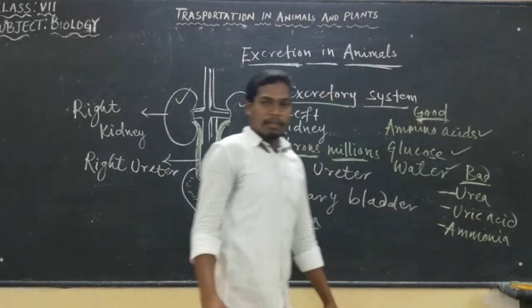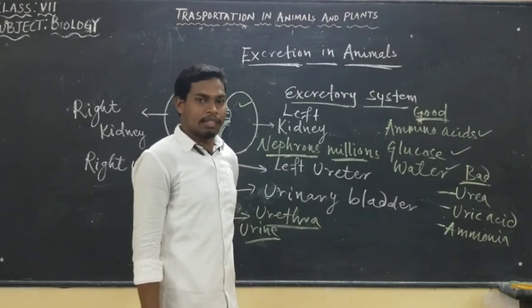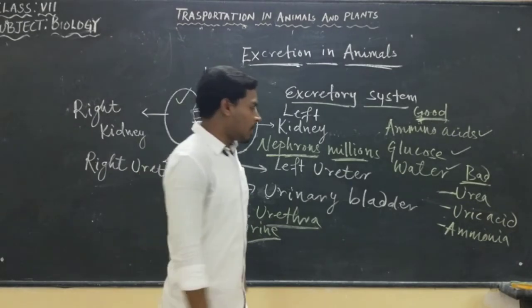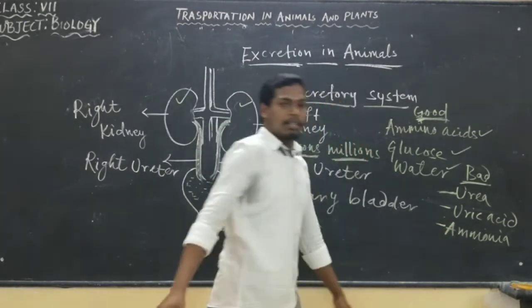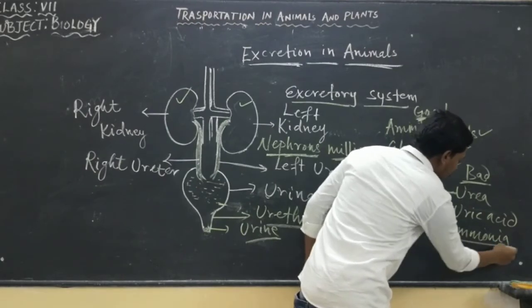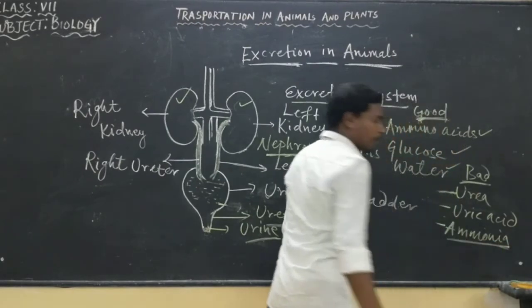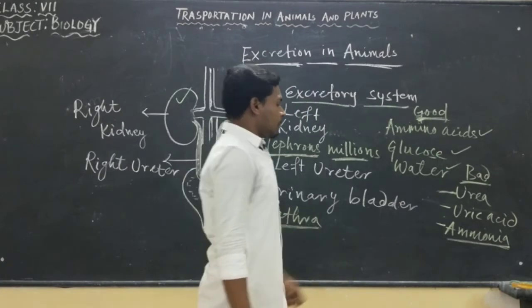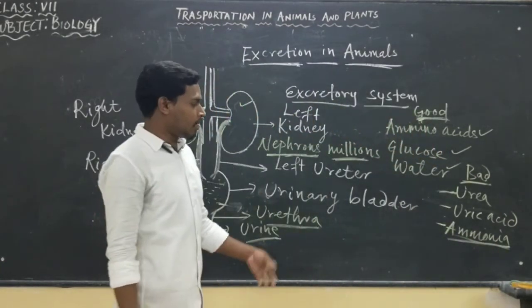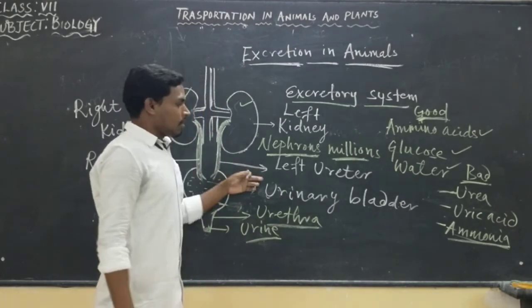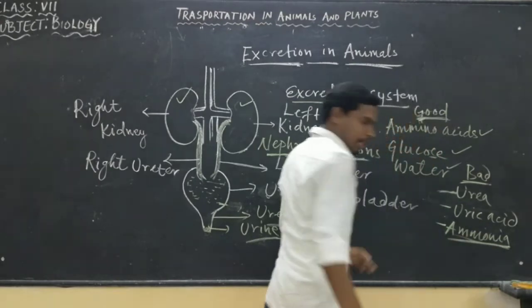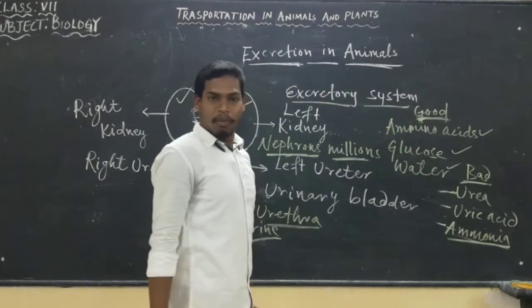Aquatic animals like fish excrete their urine in the form of ammonia. Since they are present in the water, their excretion is released into the water.